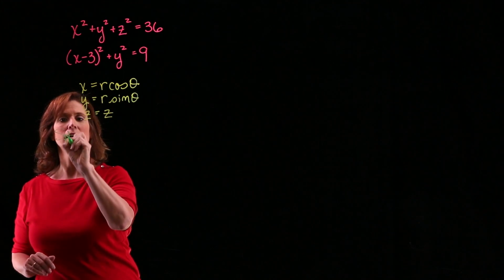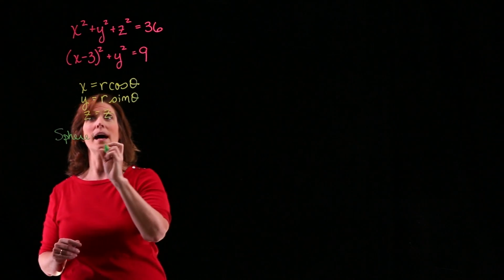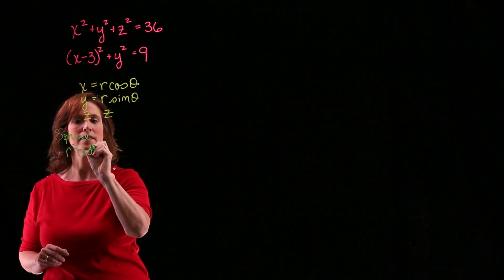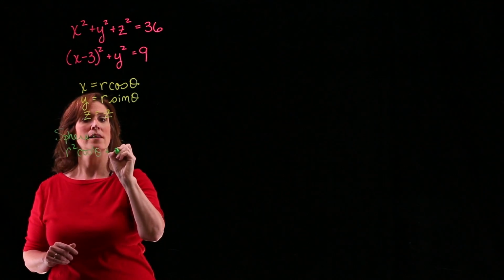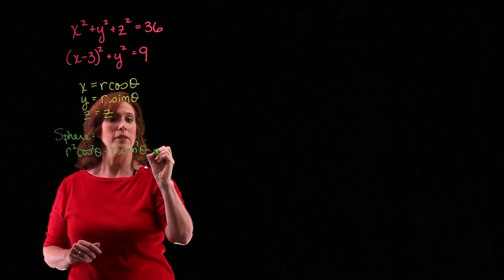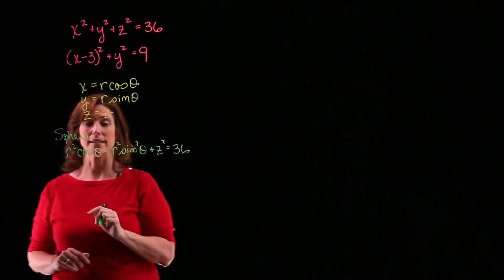So for the sphere, if I write this using cylindrical coordinates, I'm going to have r squared cosine squared theta plus r squared sine squared theta plus z squared equals 36.